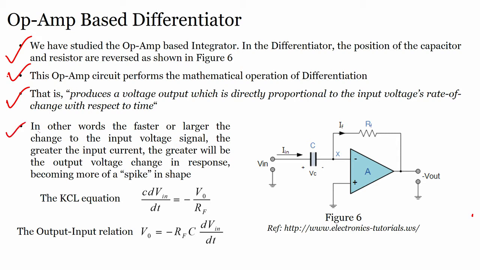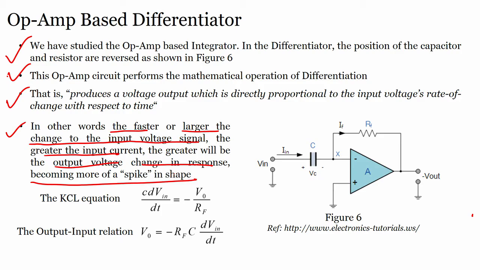Fourth one is, in other words, the faster or larger the change of the input voltage signal, the greater the input current, and the greater the output voltage change in response, becoming more spike in shape.